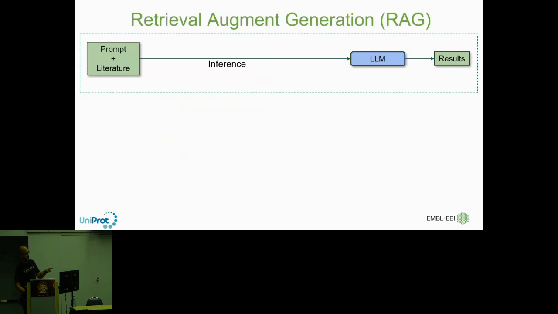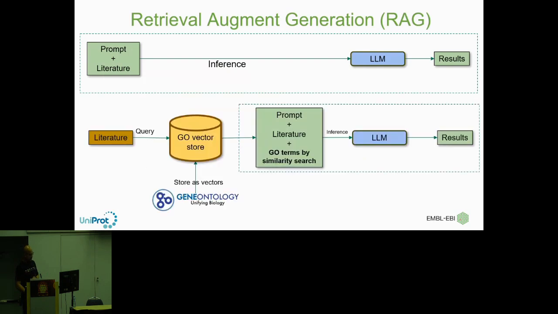So this is the present design I was talking about: we have the prompt and literature, which go to the LLM, and we get the GO terms. The next step we tried was to implement a RAG system where the GO terms, the ID and the description were vectorized and stored in a vector database. The sentences which were earlier given directly to the prompt, we run against this vector database, which fetches the nearest neighbors, all those GO terms.